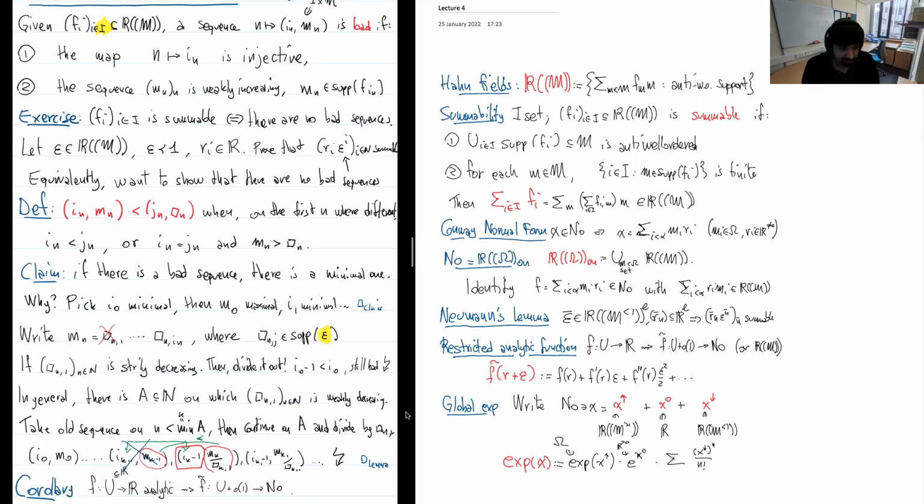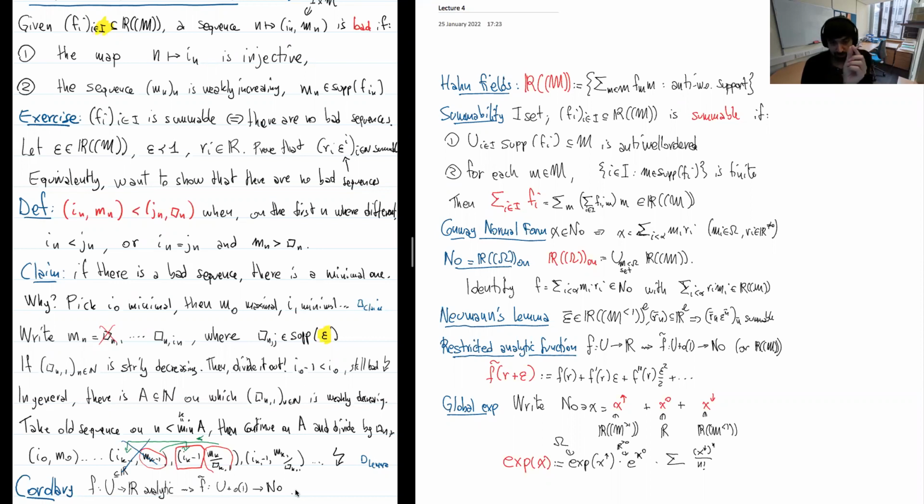So the main corollary of this lemma is that you can define an analytic function. Whenever you have a real analytic function on an open subset of the real numbers, you can extend it to the same open set plus all the infinitesimals. Because at every point in the open set, by definition, there is a Taylor series for the function.